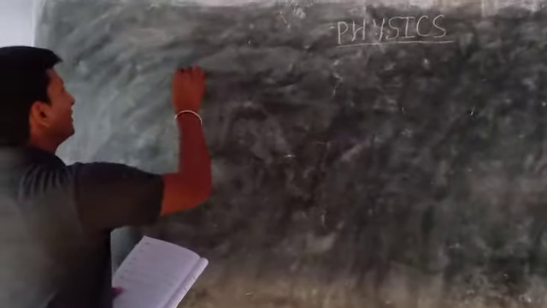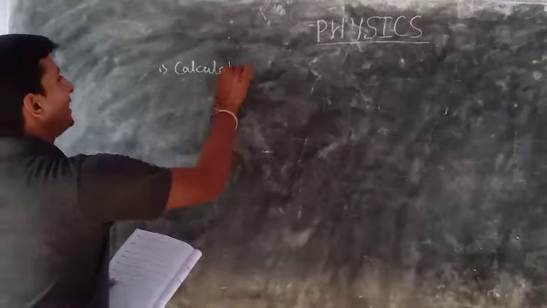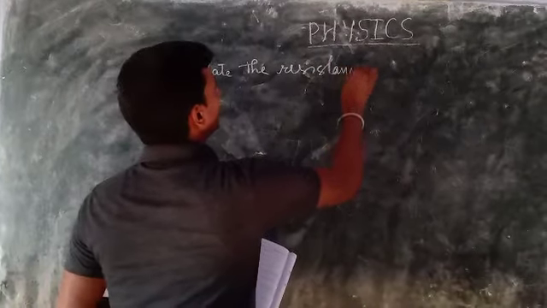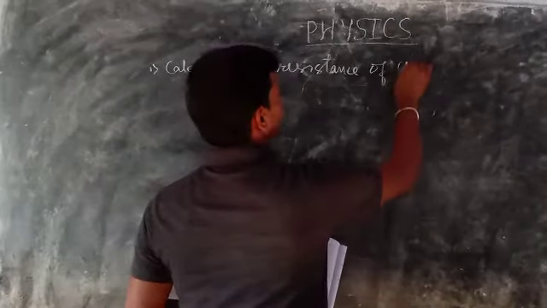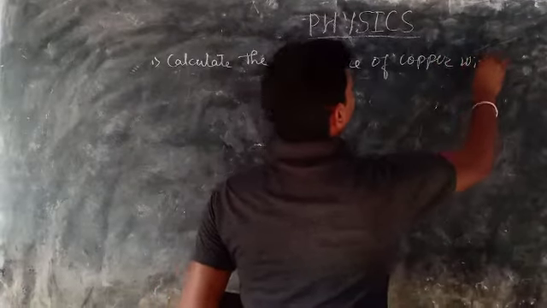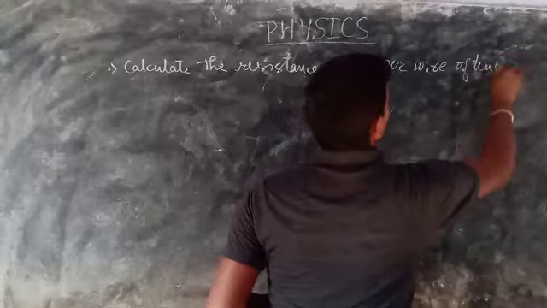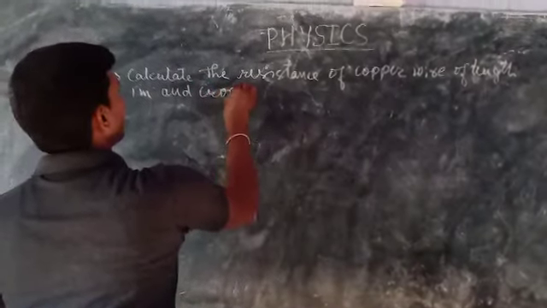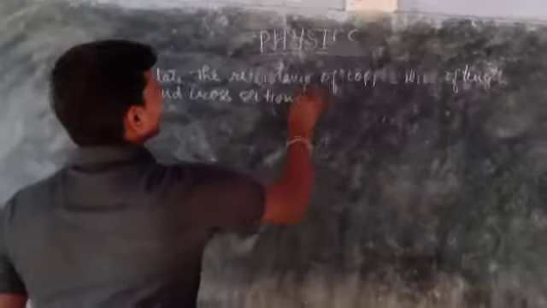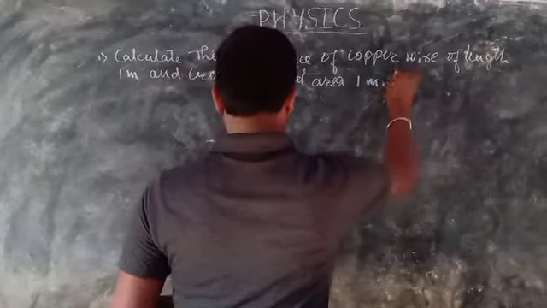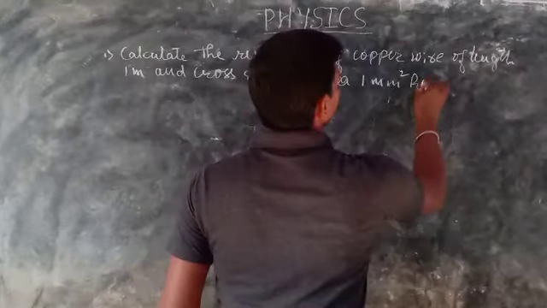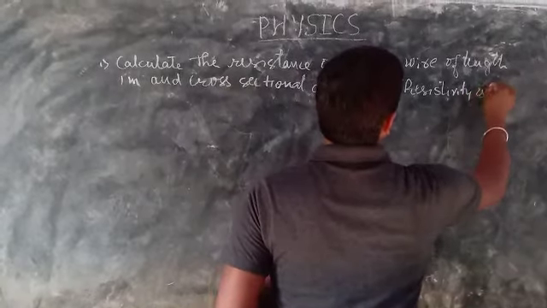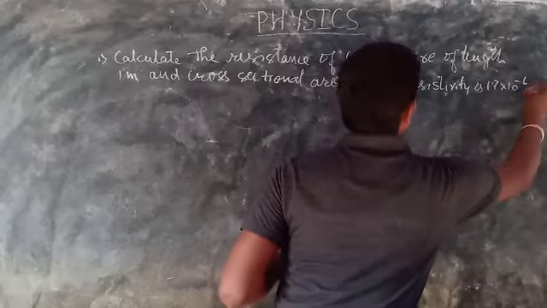First one is: calculate the resistance of a copper wire of length 1 meter and cross sectional area 1 mm square, resistivity 1.7 into 10 to the power minus 6 ohm meter.